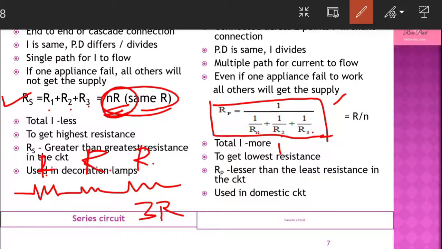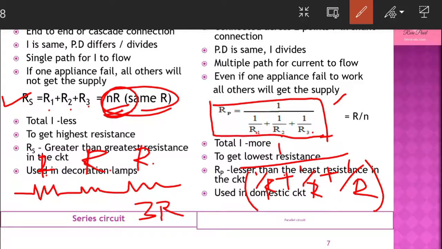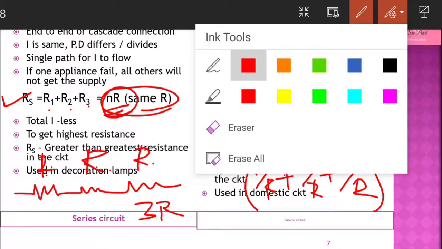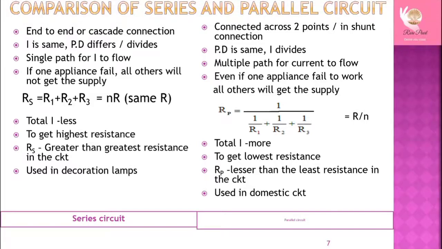Suppose I have the same resistance in parallel connection.